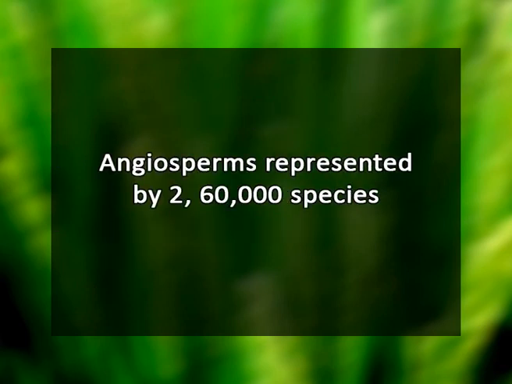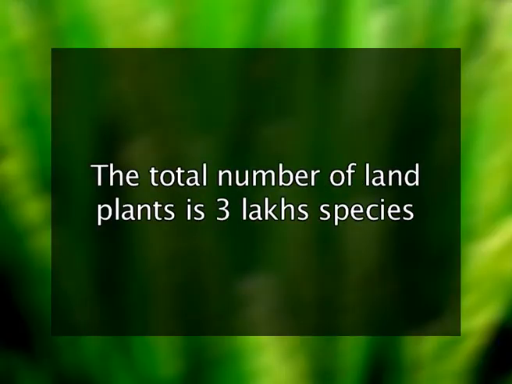At present, the angiosperms are represented by about 260,000 species. We have at present a total of 3 lakh species of land plants. Out of these 3 lakh species, angiosperms consist of 260,000 species.